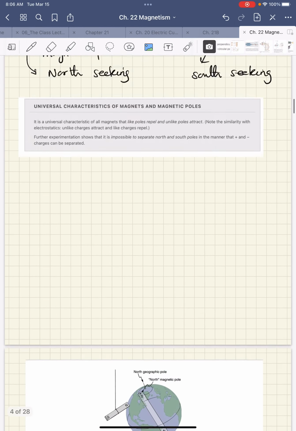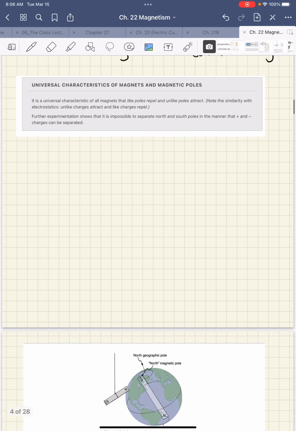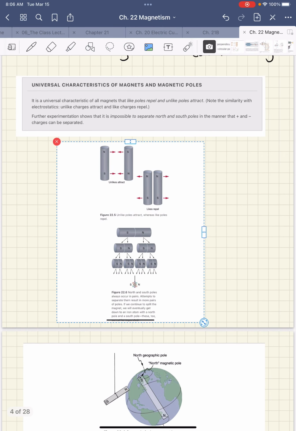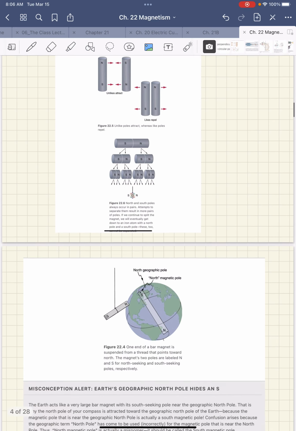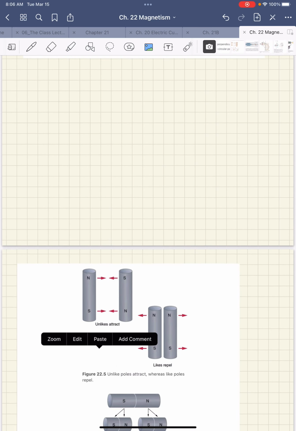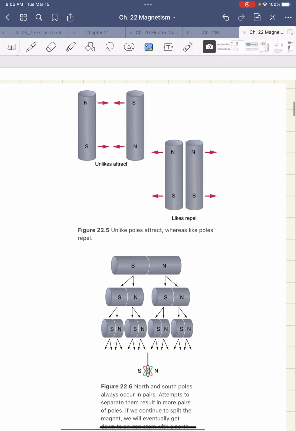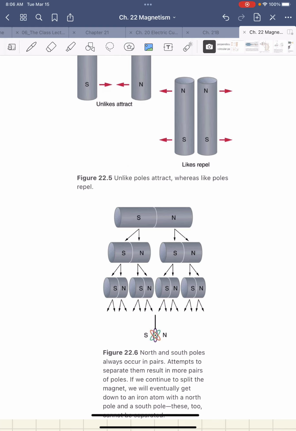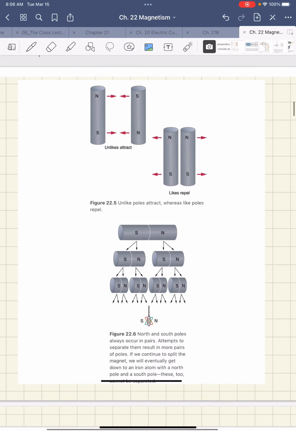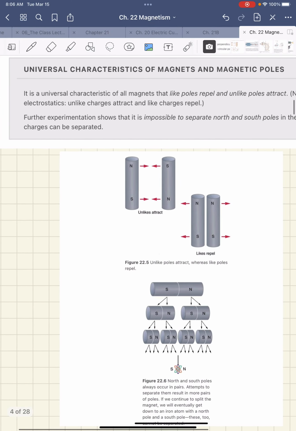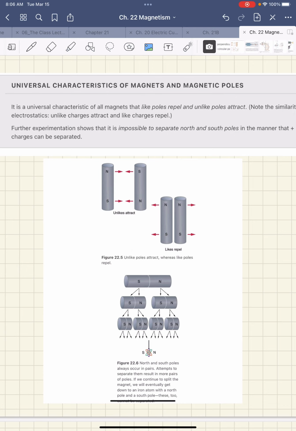I'm going to put it here because here I'm showing you that when we cut that magnet into two pieces, again the magnet is going to have a south and a north, and when we cut it again and again, we cannot isolate south and north poles. Always, even if you have a tiny piece, you're going to get these poles.